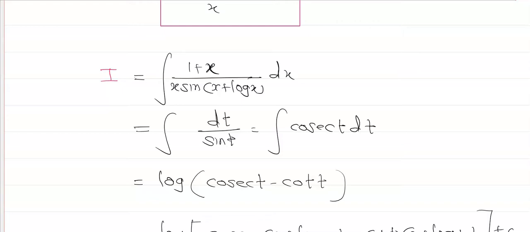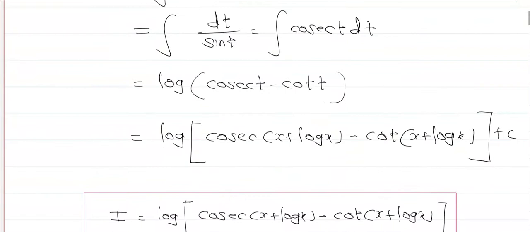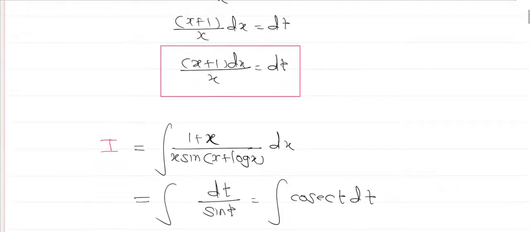Now this 1 upon sin t, what's the reciprocal of sin t? It's cosec t. And what is the integral of cosec t? We have already derived all these types of integrals: sec x, cosec x, tan x. Therefore the integral of cosec t is log of cosec t minus cot t. Now here we will replace the value of t.